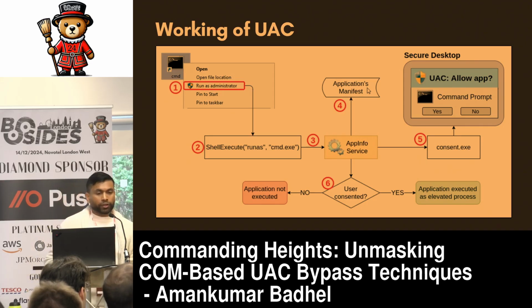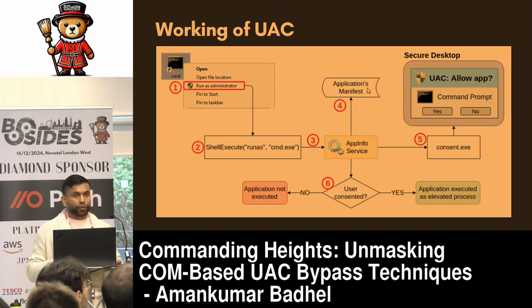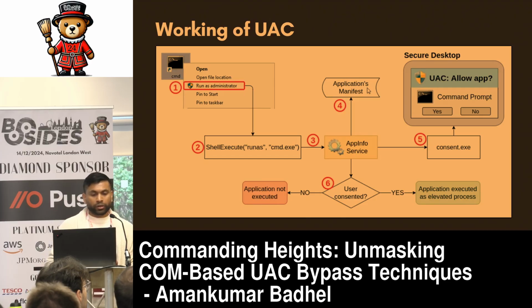As we have covered the basic understanding of UAC, let's dive deep into the actual working of UAC. When a user wants to run cmd.exe as an administrator, at the backend, the ShellExecute function is executed with the arguments runas and cmd.exe.